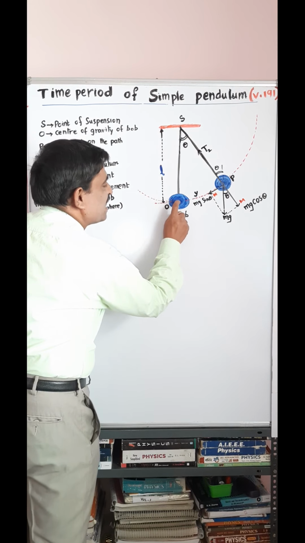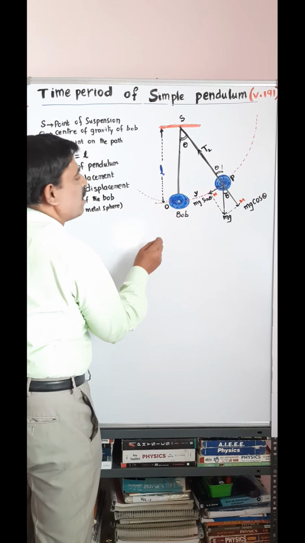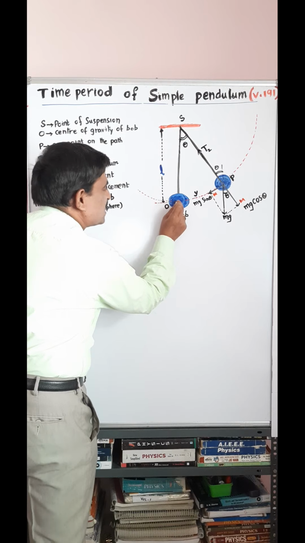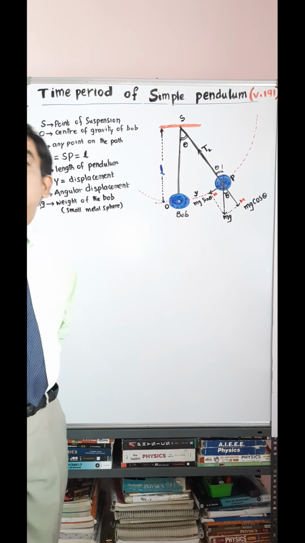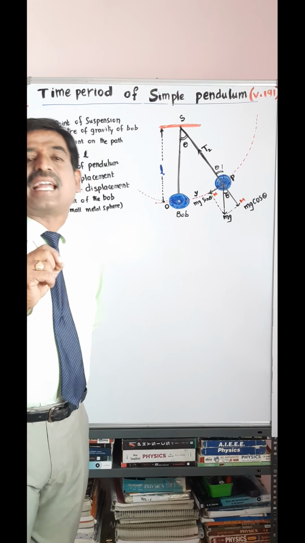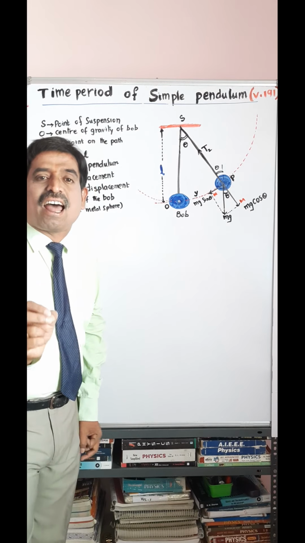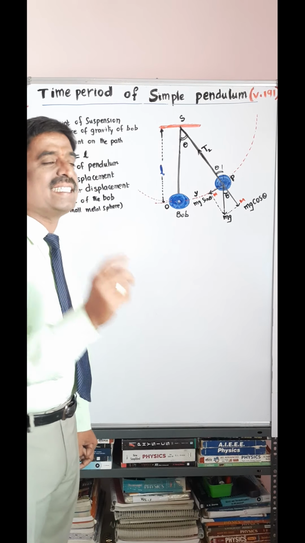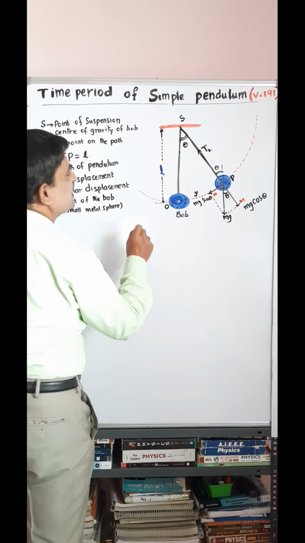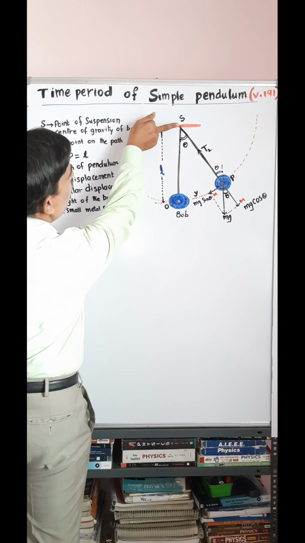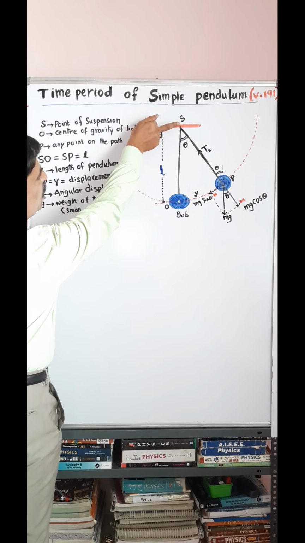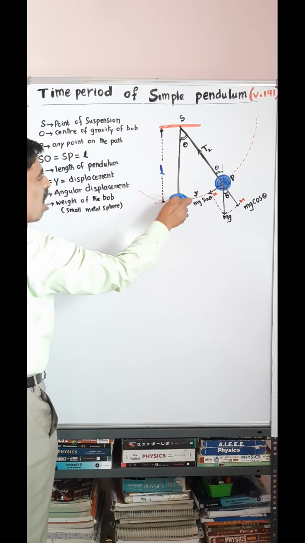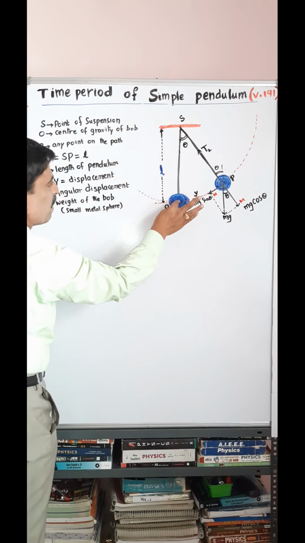This is the center of mass of the simple pendulum, or the center of gravity. In the case of symmetrical bodies, center of mass and center of gravity coincide. The distance between the point of suspension and the center of mass of the sphere we call the length of the pendulum.